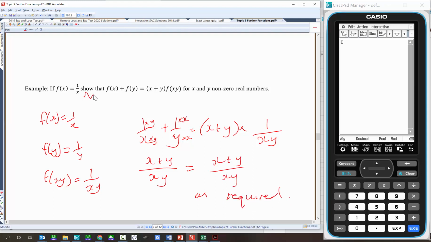Now, I don't know whether that's actually a show that question, because for a show that question we wouldn't be allowed to use what we're trying to show. But how am I supposed to know what to do with f(x) if they don't give me some structure? So it's more like a verify question or something like that.